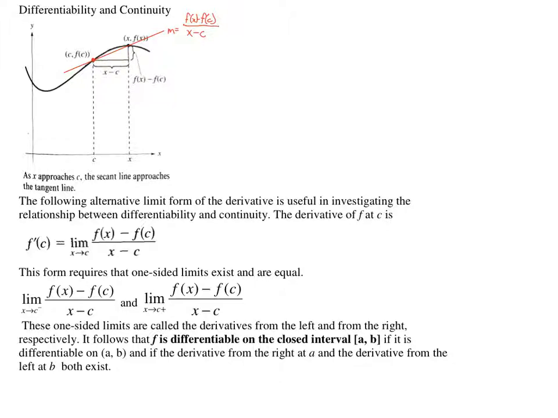This is kind of the same idea as continuity on a closed interval. It's got to be continuous on the open interval and the endpoint has to equal the limit on both sides. You can't have a jump on the end. Here we can be differentiable on a closed interval if it's differentiable on the open interval, and if the derivative from the right and the derivative from the left both exist.